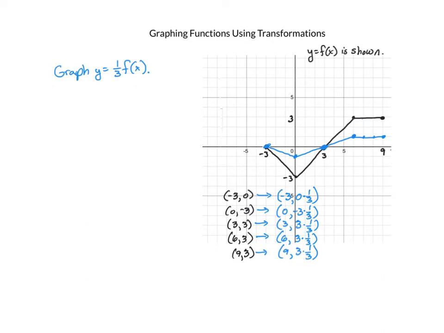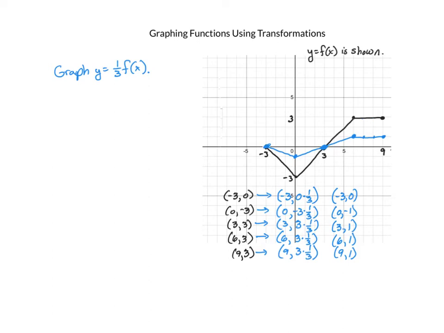And our ordered pairs become -3, 0, 0, -1, 3, 1, 6, 1, and 9, 1. And you'll notice that these points right here are the key points that I have graphed.